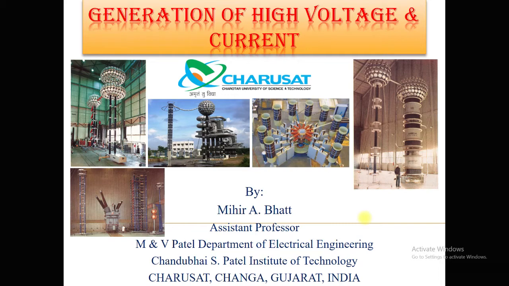Now if we take the case of our electricity board, they will give us a maximum of 11 kV supply, which is 3-phase supply. And the generator produces 13.2 kilovolt. So to test the insulator at 220 kV, the generator becomes too costly.